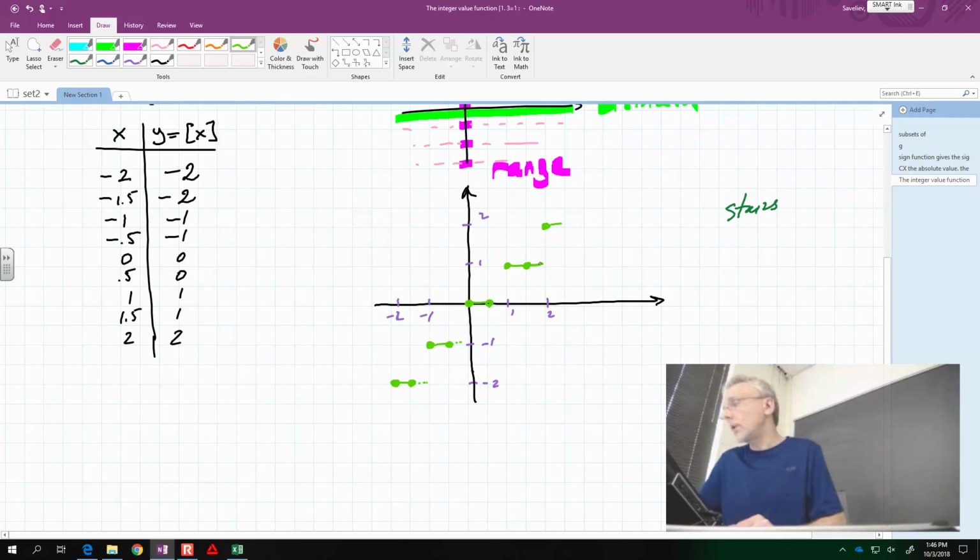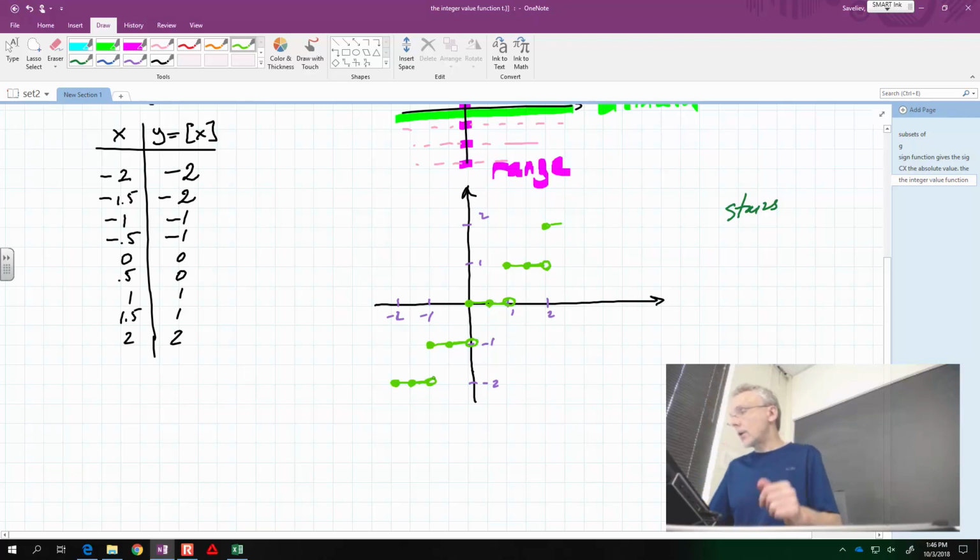Okay, so I'm drawing this line, and what do I put at the end? An open circle, right? Because the value at 2 is 2. So it will be inclusive at the left end of each of those steps. On the right, it will be a hole, like this.